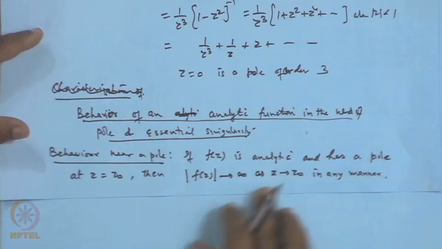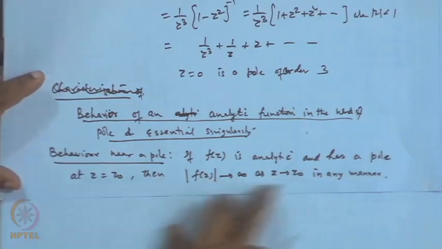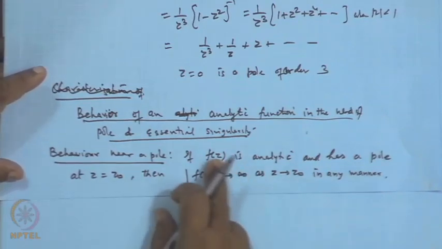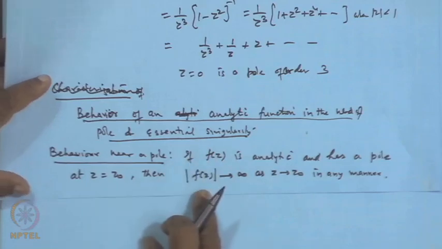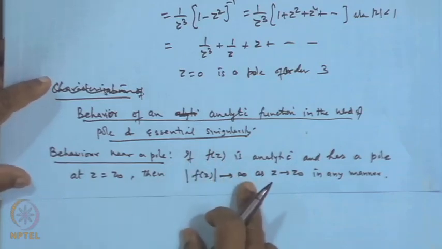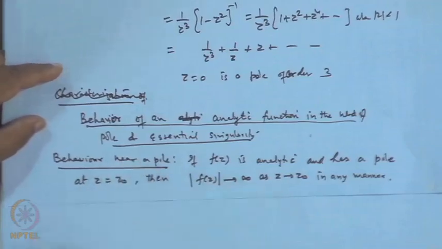It means, whatever path you choose which approaches z_0, the modulus of f(z) will go to infinity. That is if z_0 is a pole.